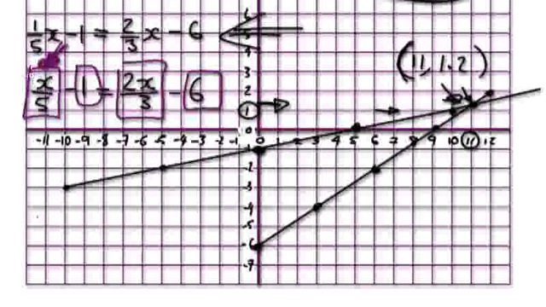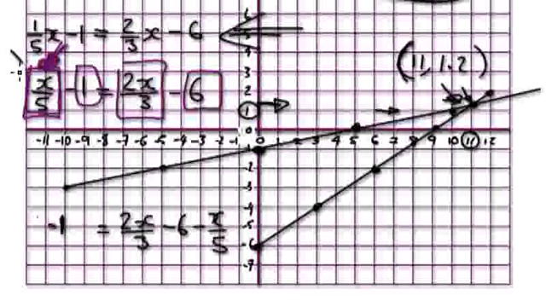So this will be -1 over here, equals 2x over 3 minus 6, and then minus x over 5.